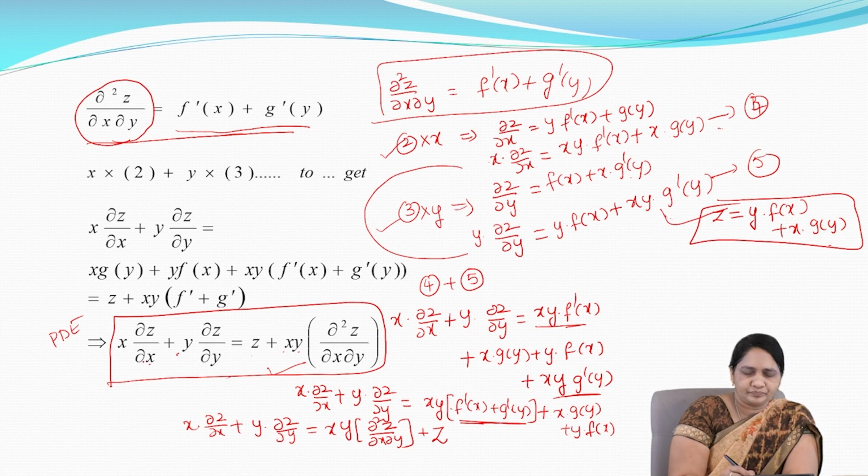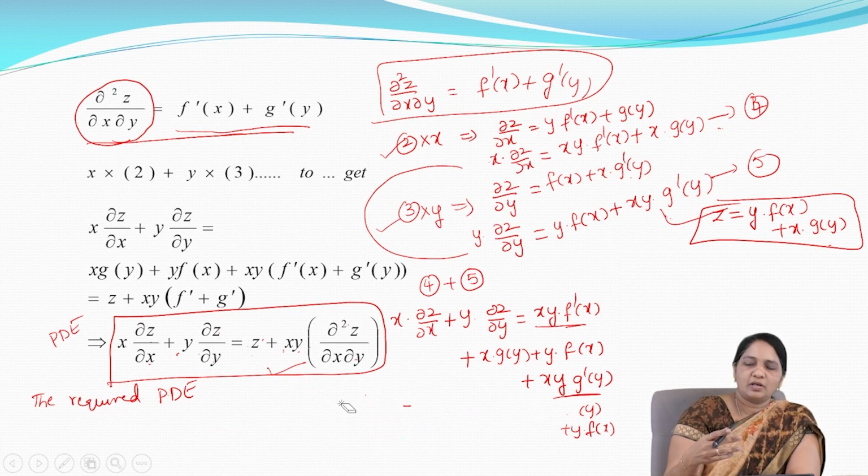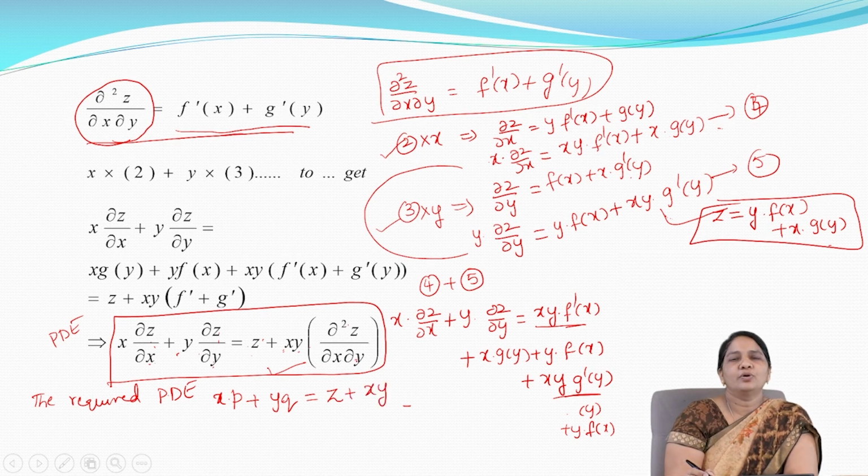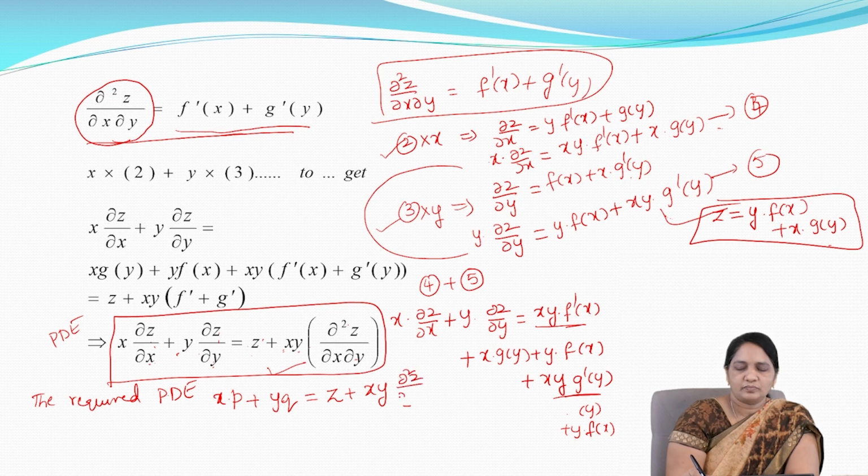I got the equation x ∂z/∂x + y ∂z/∂y = z + xy ∂²z/∂x∂y. So finally the required PDE is x ∂z/∂x, which in notation is x p, plus y ∂z/∂y, whose notation is q, equal to z plus xy ∂²z/∂x∂y.